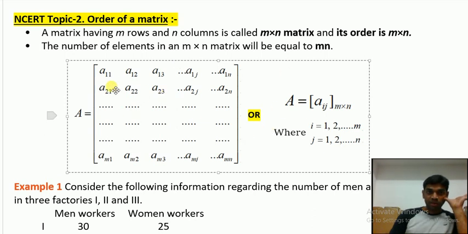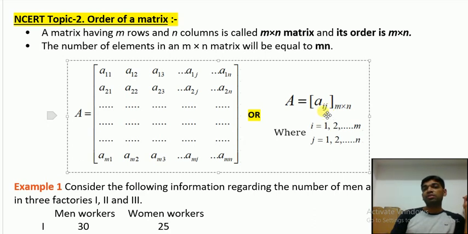Now the symbol. A can be written like this: a11, a12, a13, a14, like this we can write. I have written this in the symbolic mathematical form of a matrix, and we have to know how to write it. As you can see, a11, that is the aij form. A equals aij, where m cross n means the number of rows is m and the number of columns is n. Here i denotes the row number and j denotes the column number.